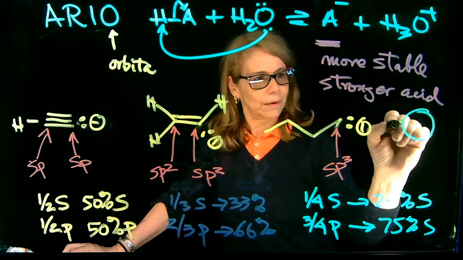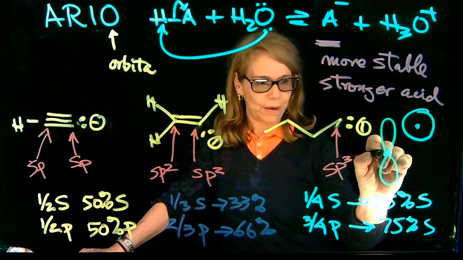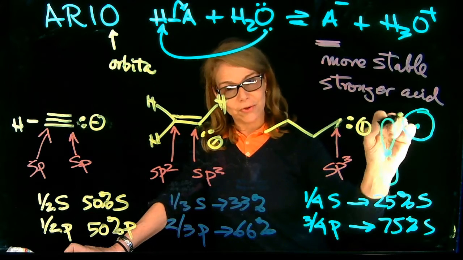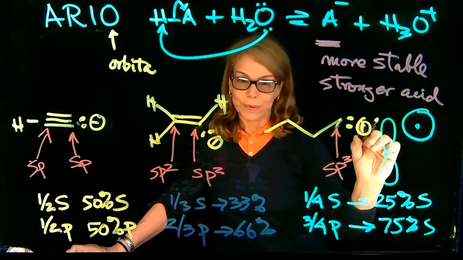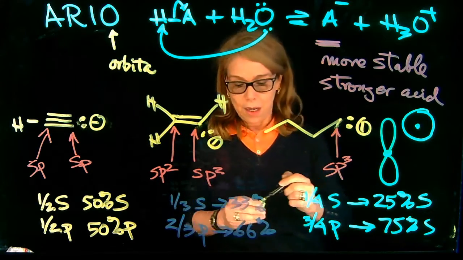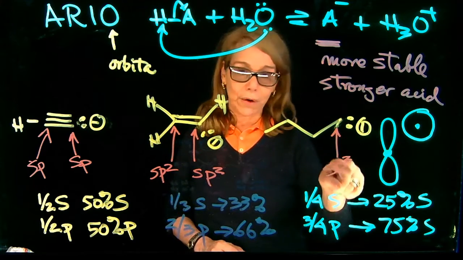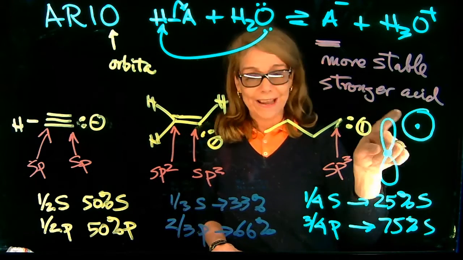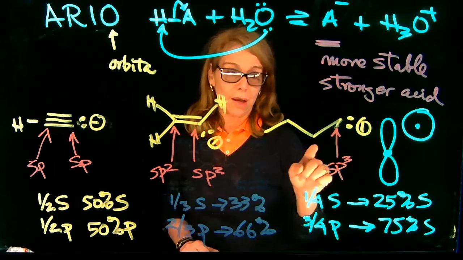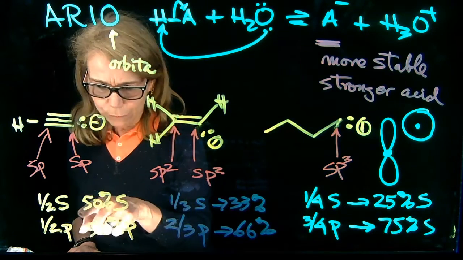If we remember, what is the symmetry of these orbitals? S-type orbitals are like that. P-type orbitals are like that. So electron density in the s-type orbitals, say for example in this period, is the 2s and the 2p. So this is closer to the nucleus and this is farther away. So the more s character, the closer is that density to the nucleus. So here I have more s character.